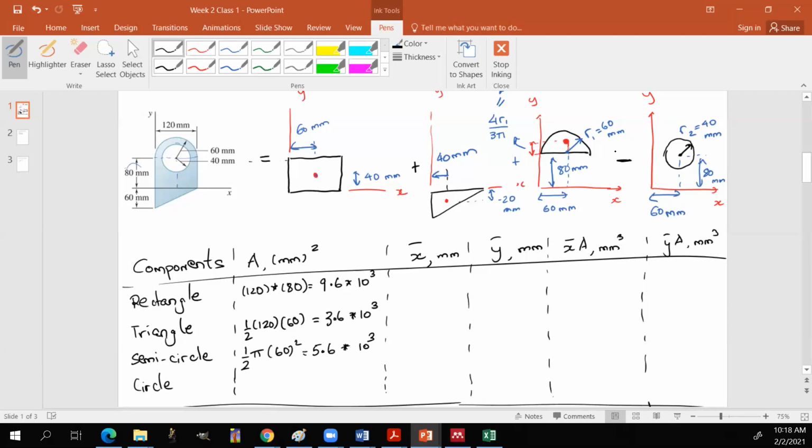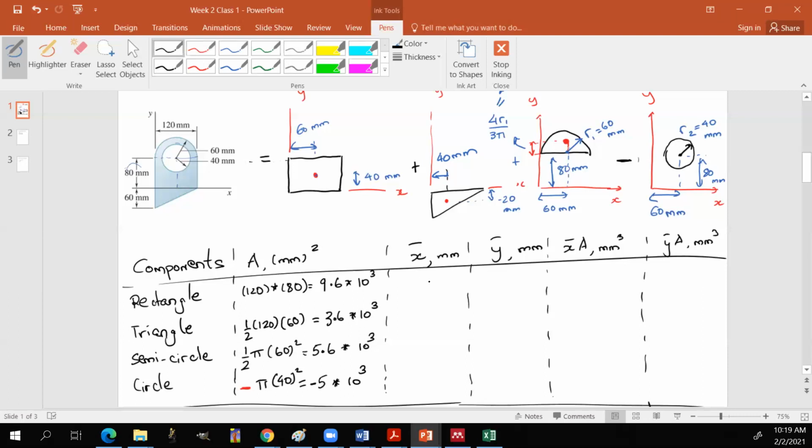But remember, for the circle, because we're subtracting it out, it's important to have that minus sign outside, right? Let me draw this in another color so that you guys can see the importance of that. All right, there we go. Minus pi r squared. So that's going to be minus how much? Negative 5 times 10 to the third.